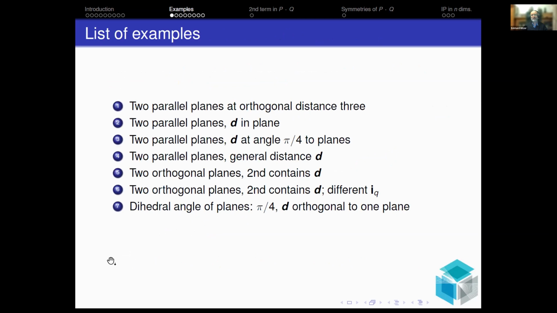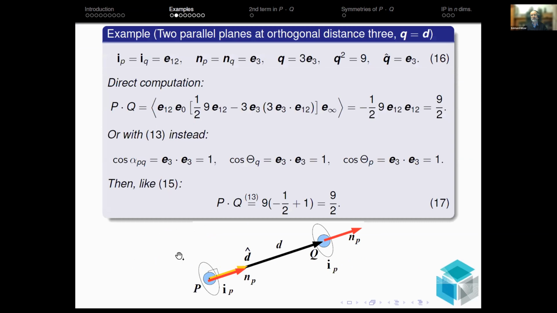And now I present these 7 examples. Now, the first example is what we have just seen, the full alignment. So all vectors are parallel. And then what is the general result is you get the distance squared, which is 3 divided by 2.